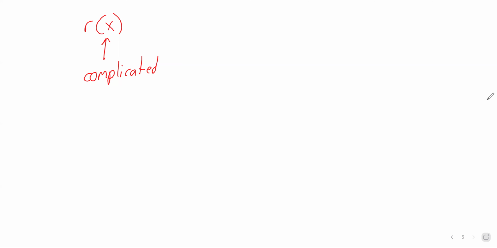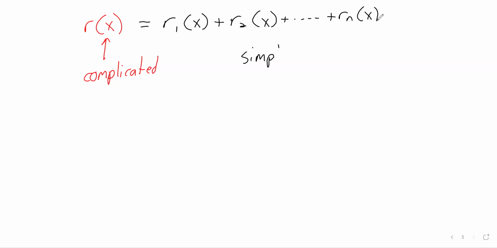The idea is that if we have a complicated rational function, we can try to write it as the sum of simple rational functions.